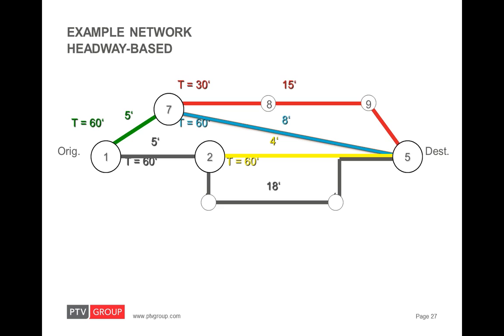If we want to have a closer look at transfers and transfer times, then we need the timetable-based assignment. In networks having a high frequency, so lots of services where the transfer waiting times are not so relevant, the headway-based assignment also generates good results.